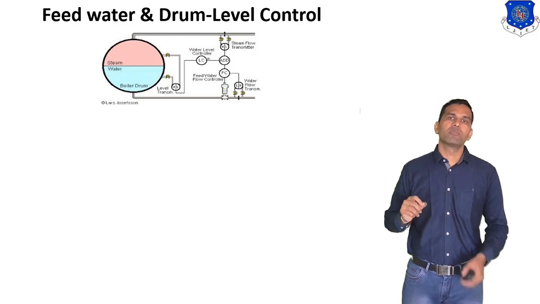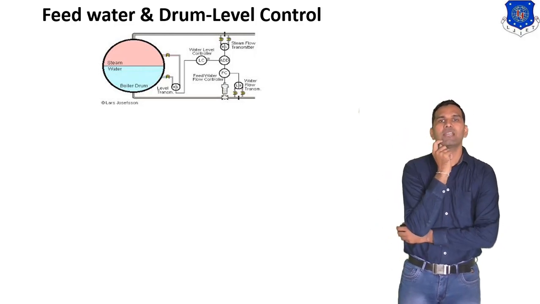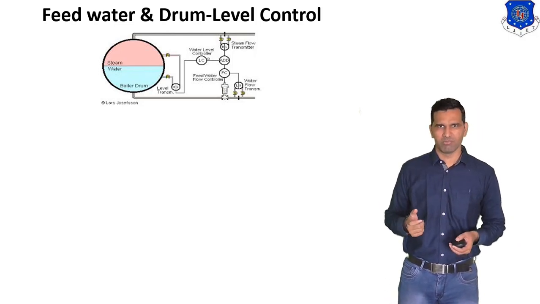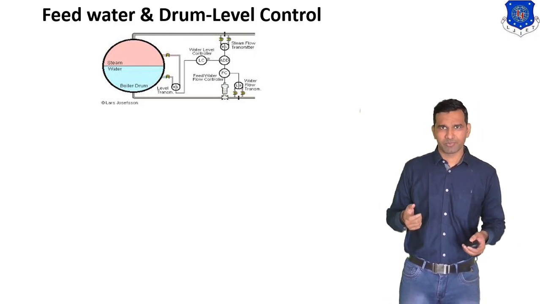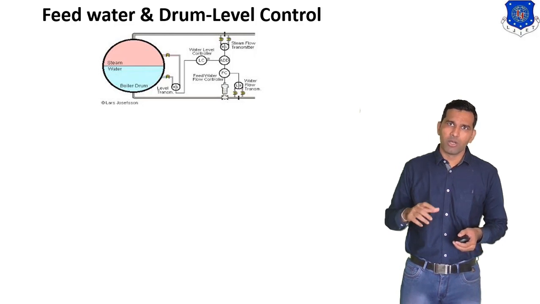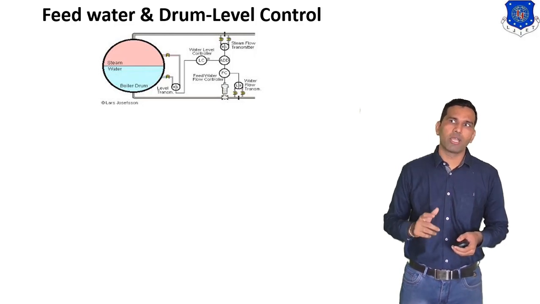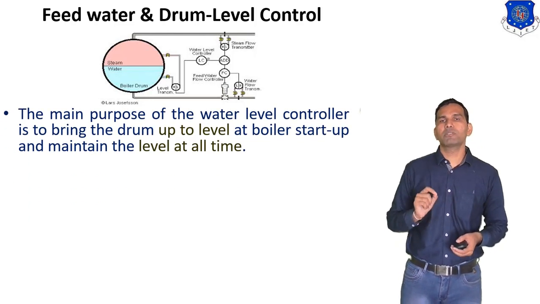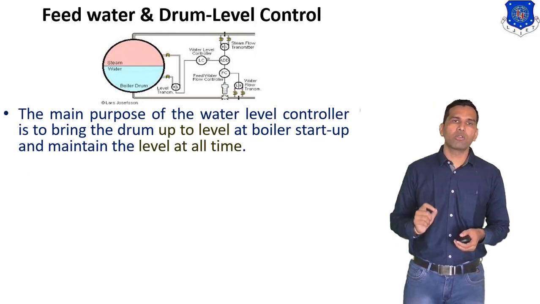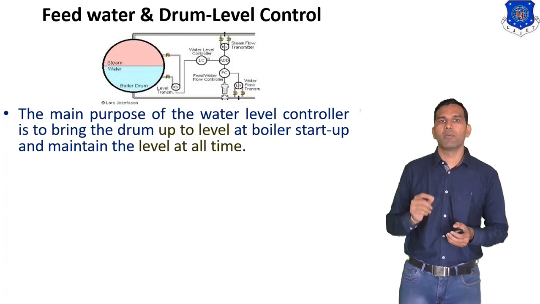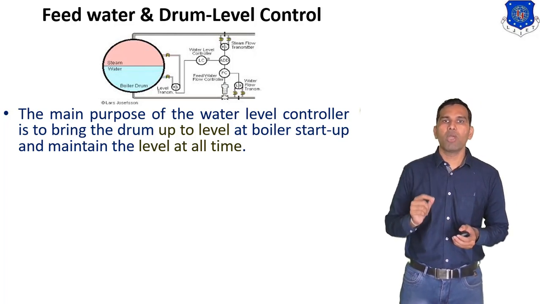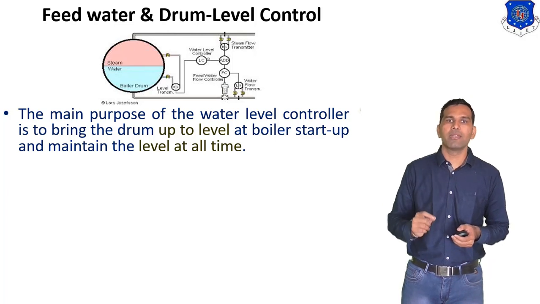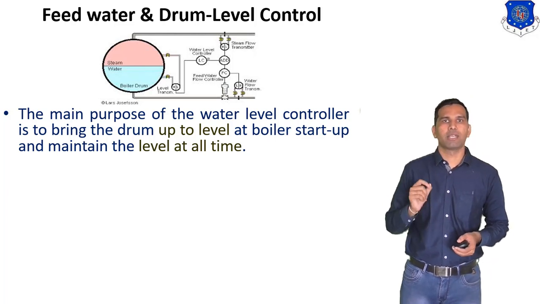Now the first question that comes to mind: why do we require a drum level control system, or why do we require water level control inside this drum? The answer is that the main purpose of the water level controller is to bring the drum up to a level at boiler startup and maintain the level at all times.